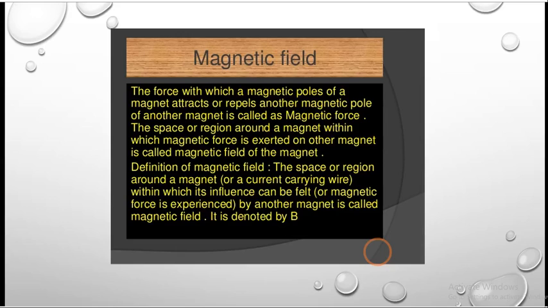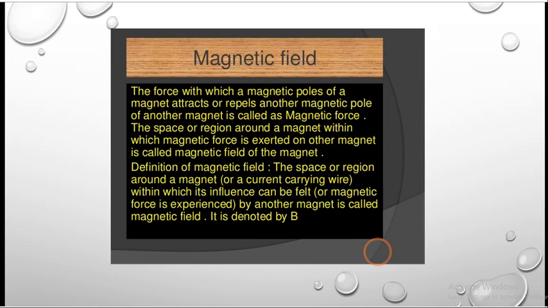The force with which a magnetic pole of a magnet attracts or repels another magnetic pole of another magnet is called magnetic force. The space or region around a magnet within which magnetic force is exerted on another magnet is called the magnetic field of the magnet.